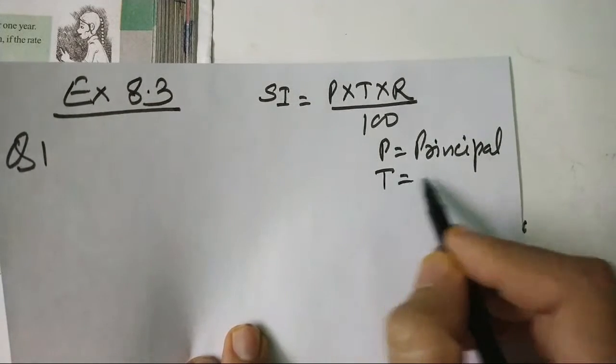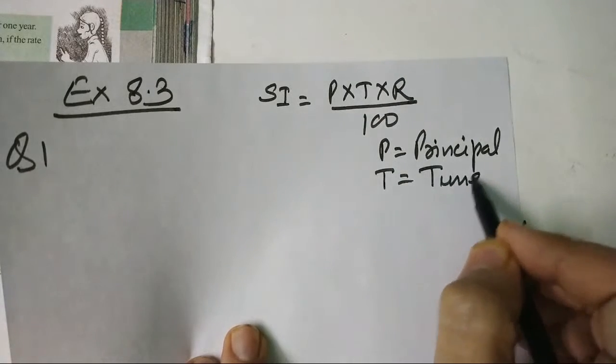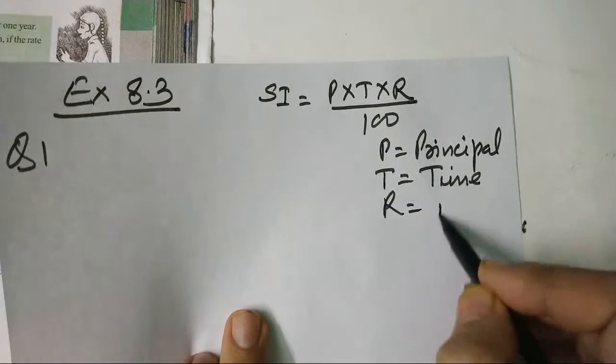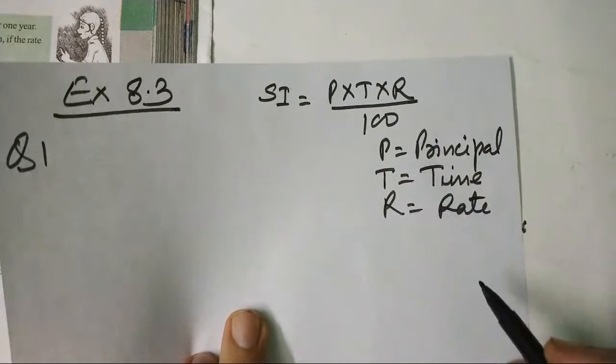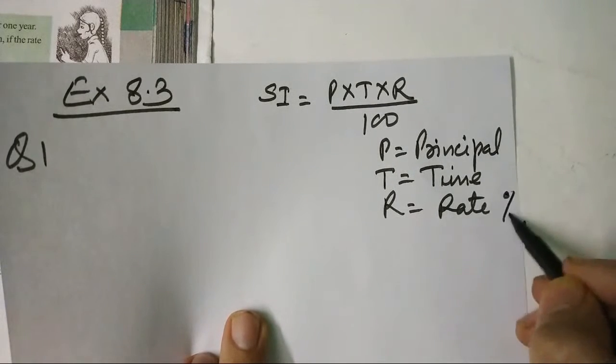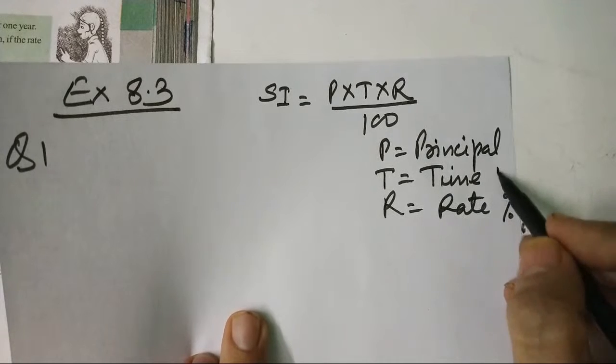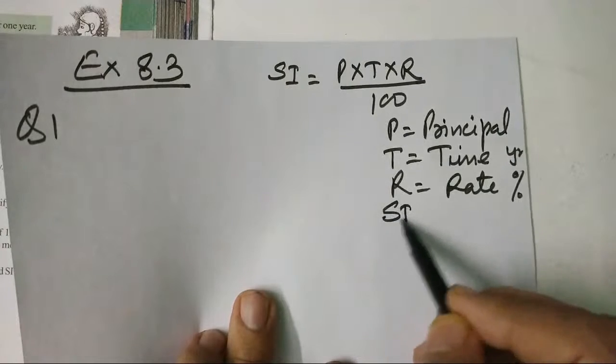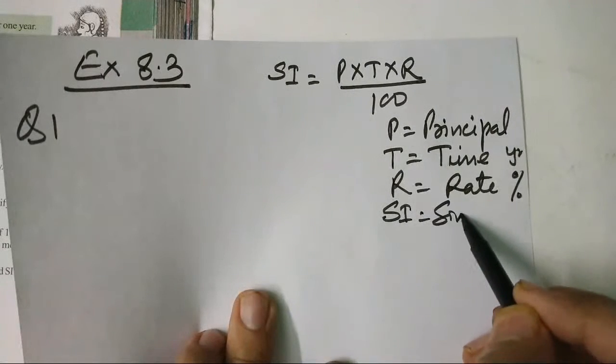And T is used for how many years you have kept the money or borrowed the money. R is used for the rate of interest, which is given in percent. Time is given in years, and then we calculate SI. The SI is the simple interest.